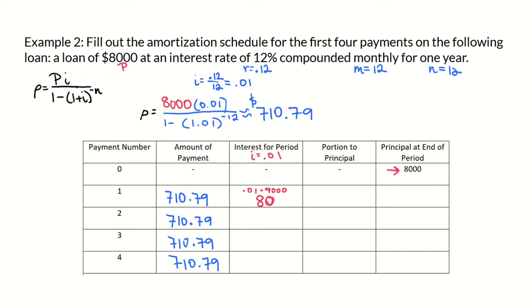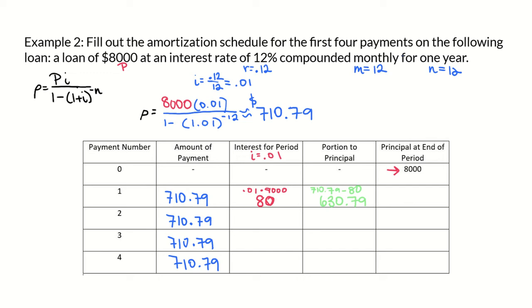So that means that $710.79 minus 80, which is $630.79, went to paying off the principal. Now the principal at the end of the period means how much of the principal remains to be paid off.